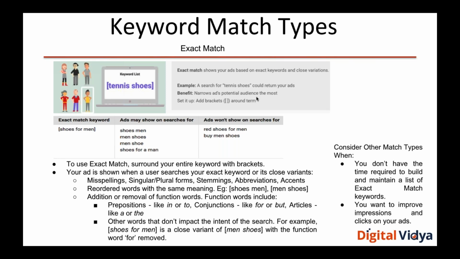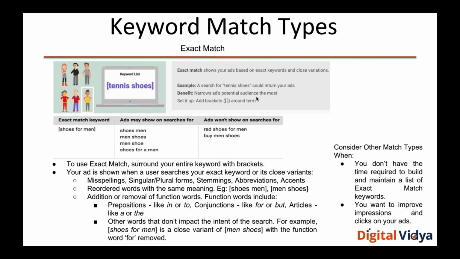More than that, if people start clicking on my ad despite it not being relevant, or if it's a close variation of some other product they're looking for, I'm getting charged unnecessarily for clicks which are not really relevant for me. So exact match is something you can use if you're finding that a lot of irrelevant clicks are coming your way, and a lot of cost is going up without enough returns on investment or sales happening, so that you can restrict the way your ad is triggered to the exact terms which you want.